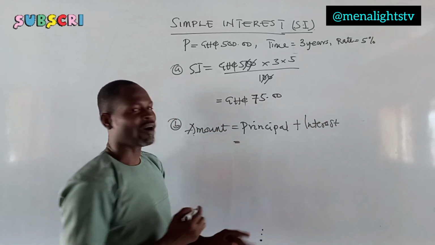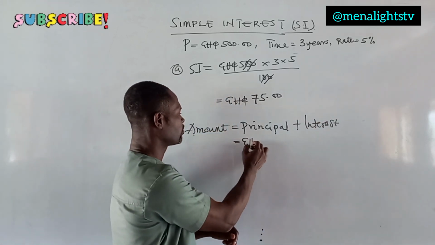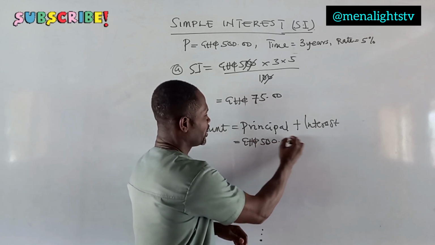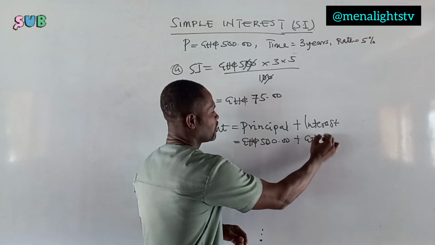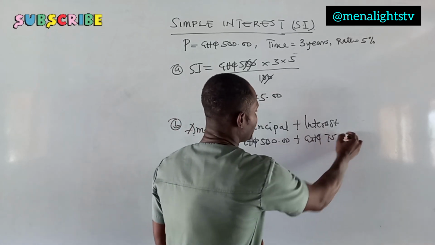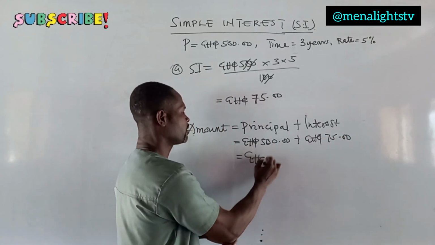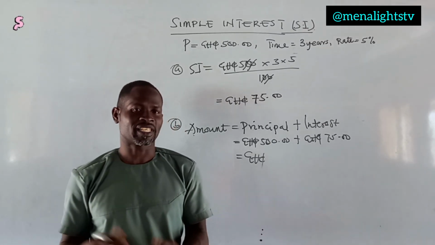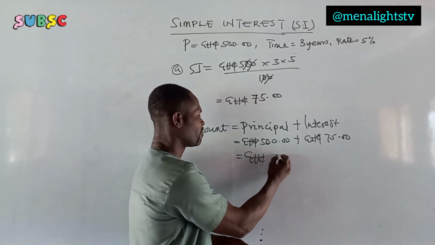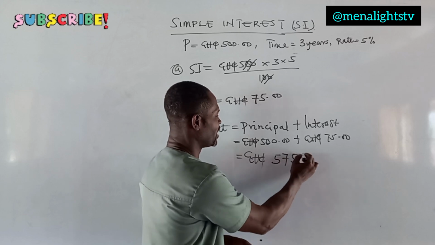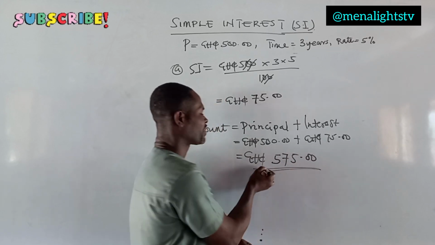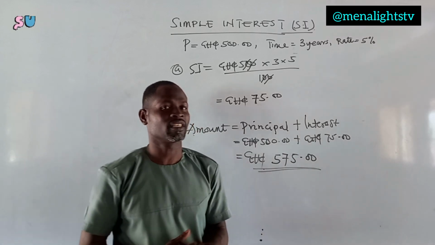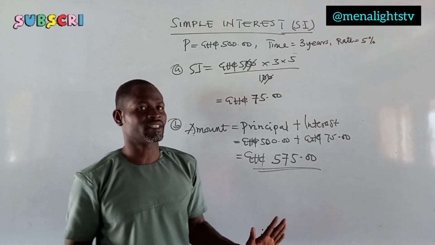From the question, our principal is 500 cedis plus the interest, which is 75 cedis. When we add the interest to the principal, it gives us the total amount, which is 575 cedis. So after 3 years, Mena is going to pay 575 cedis to the bank, being the interest plus the principal.